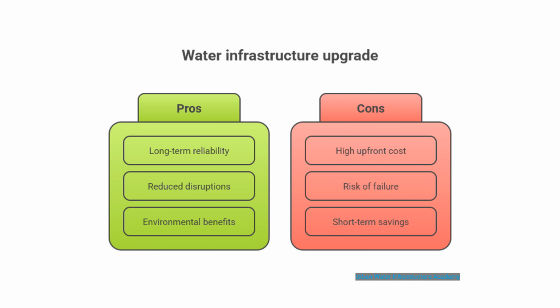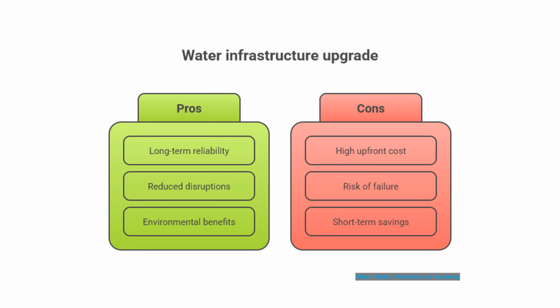We needed to supply water reliably to a region facing aging infrastructure challenges. Option 1, refurbishing existing pipes, looked inexpensive now but carried a high risk of failure, meaning frequent repairs and customer disruptions. Option 2, installing new pipelines using modern, corrosion-resistant materials, cost significantly more upfront but promised decades of reliable service and fewer emergency fixes.